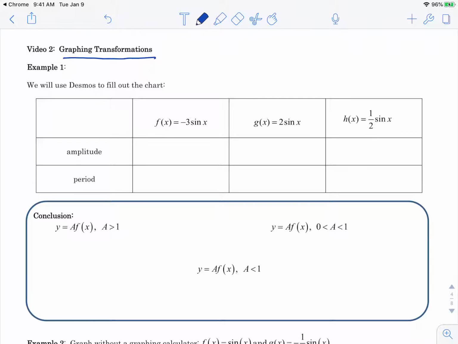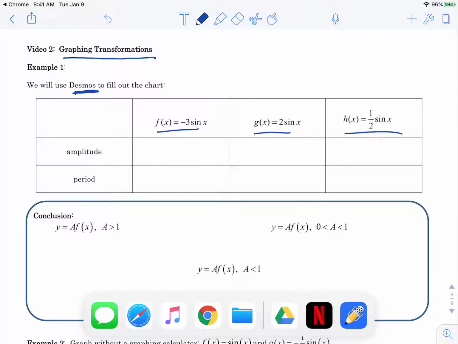So I'm looking here and I'm going to use Desmos to help me fill out this chart. I have three different functions. I don't know what these graphs look like because we haven't been taught that yet. So I'm going to go ahead and go to Desmos. My first one is negative 3 sine x.